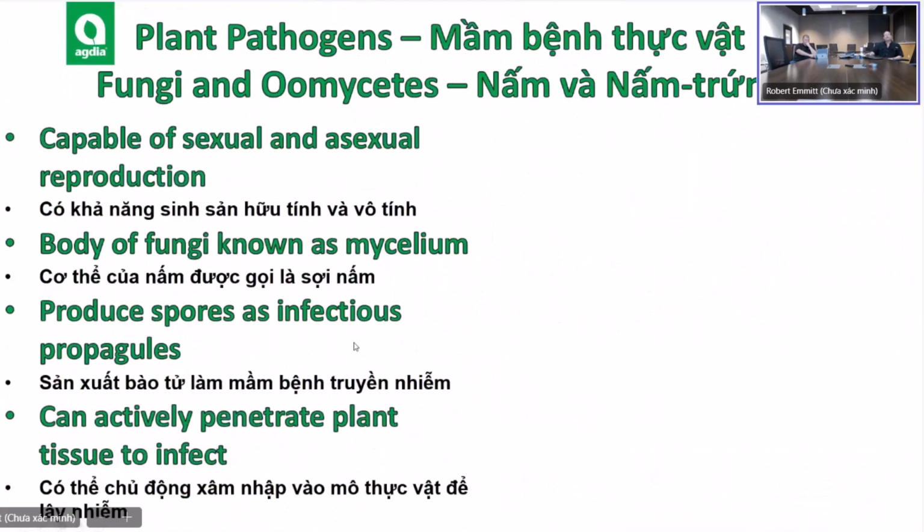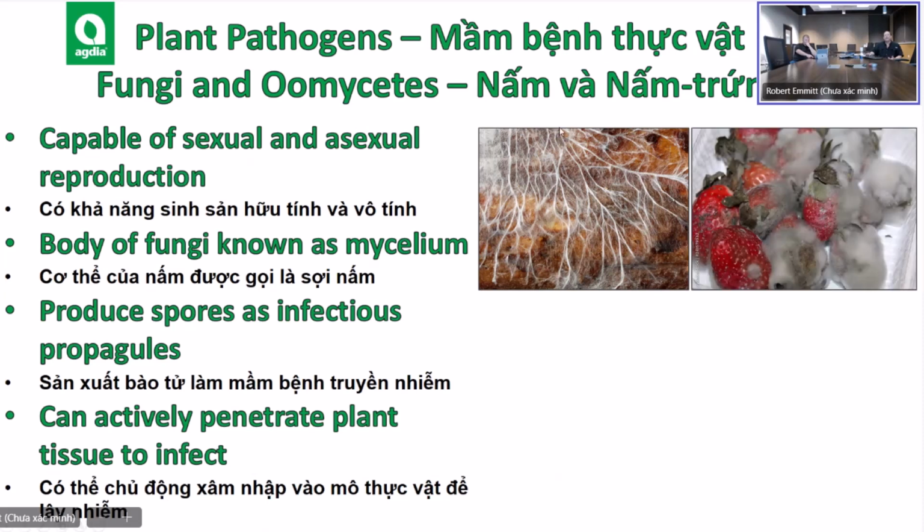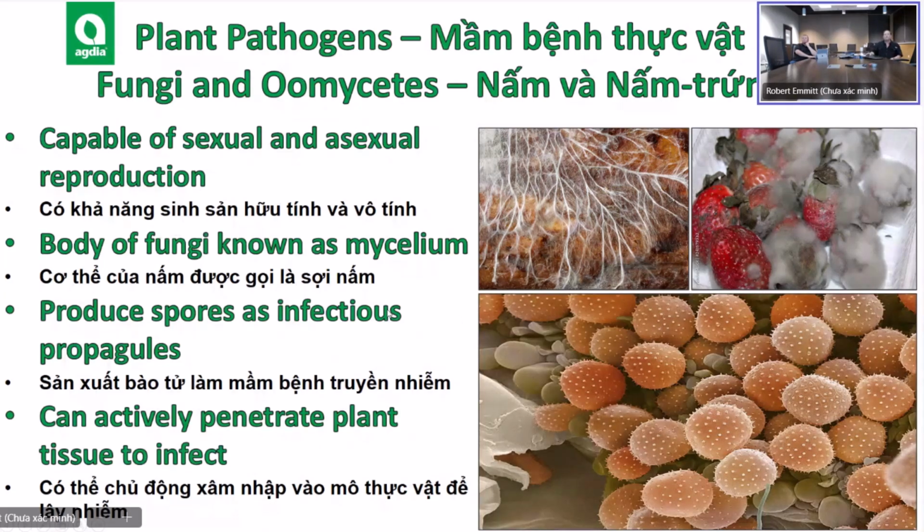So fungi are capable of sexual and asexual reproduction. So they can do both. The body of the fungi is known as the mycelium. They produce spores as infectious propagules. So the mycelia or the spores can infect the plant.